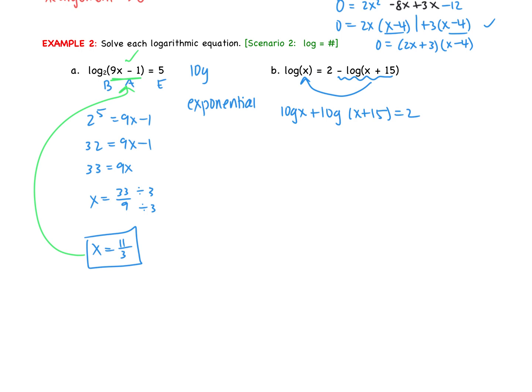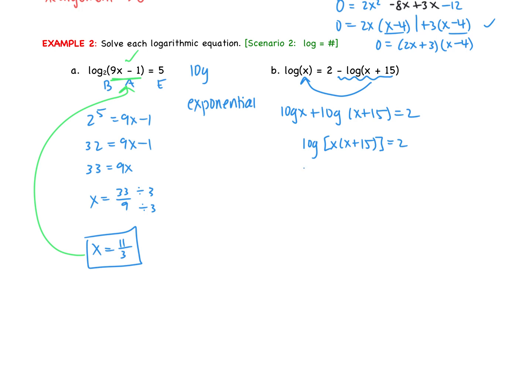What should we probably do before we try to switch forms? Yeah, combine these two logs. They have the same base, so let's put those together. We get log of x times x plus 15 is equal to 2.